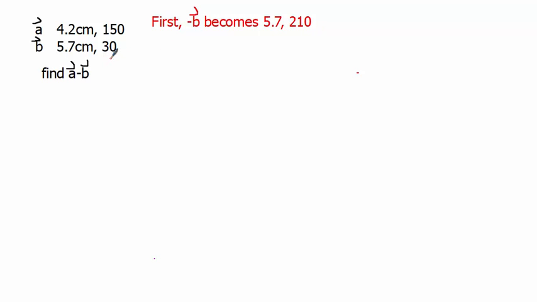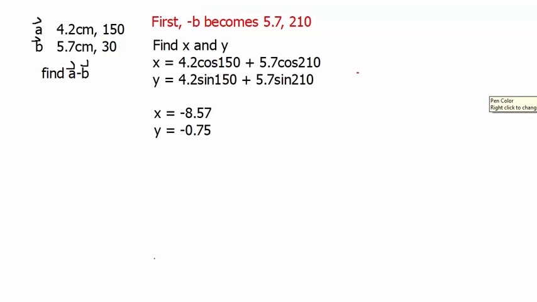So in this case we added 180 so that we got a positive angle. Now we are ready to find x and y. We set up the same setup. Magnitude times the cosine of the angle plus magnitude times the cosine of the other angle. Do the same for sine. Get those values. If they are negatives, we do keep track of that.